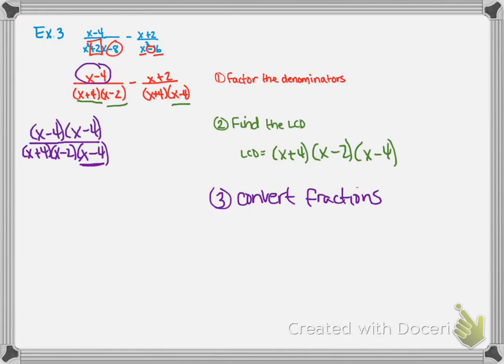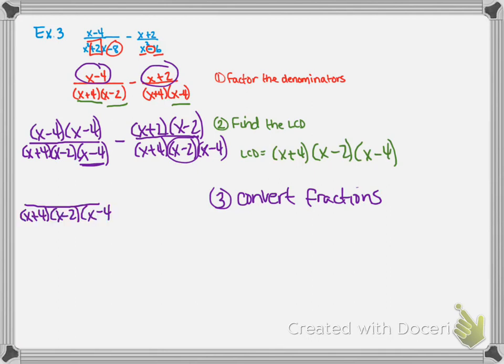So now my numerator is x minus 4 times x minus 4 over x plus 4 times x minus 2 times x minus 4. Minus, so let's look at our old denominator and our new denominator. What extra factor do we have now? We now have an x minus 2 that we need to multiply by. So our old numerator, x plus 2, will get multiplied by that x minus 2.